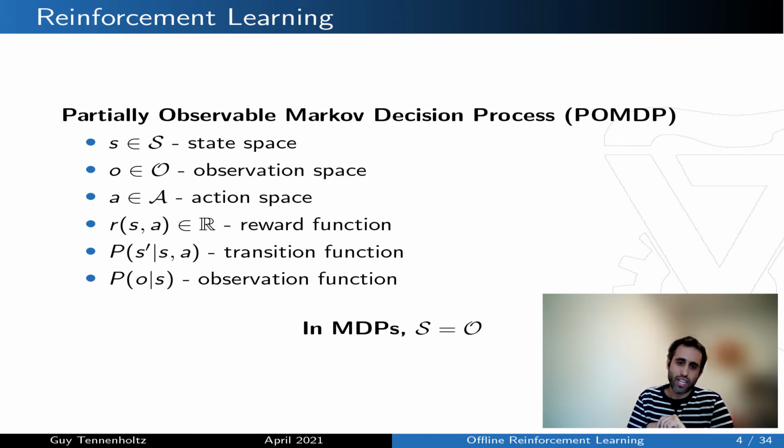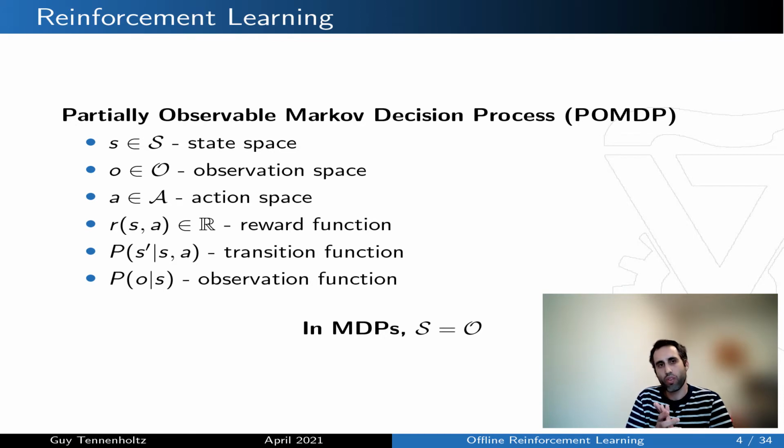The difference between POMDPs and MDPs is that MDPs are not partially observable, meaning the state space equals the observation space. So in most cases we'll discuss MDPs in reinforcement learning.